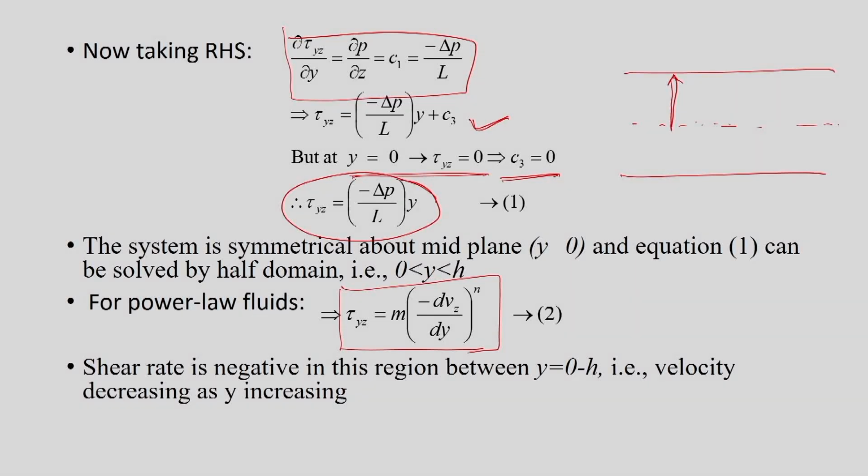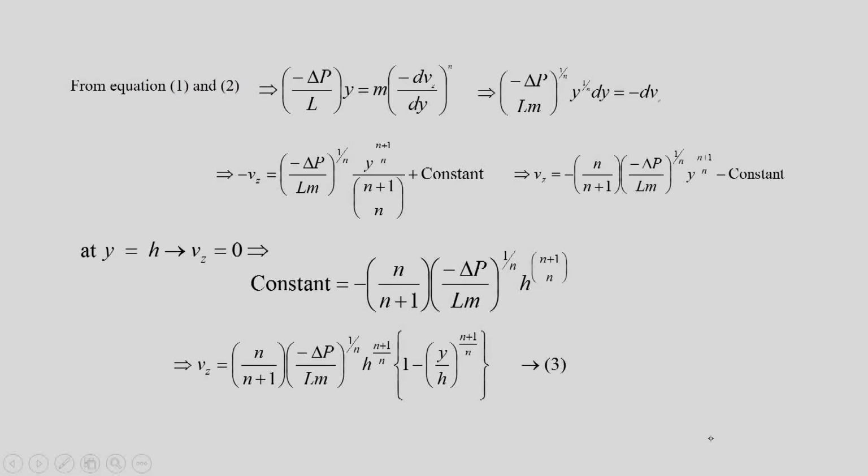Now if you substitute this minus dv_z/dy in equation 1 and simplify, you will get the velocity profile. Equation 1 is minus ΔP by L times y equals τ_yz, and τ_yz is nothing but m times (minus dv_z/dy) whole power n. Now rearrange this equation such that minus dv equals (minus ΔP by L m) whole power 1 by n times y power 1 by n dy.